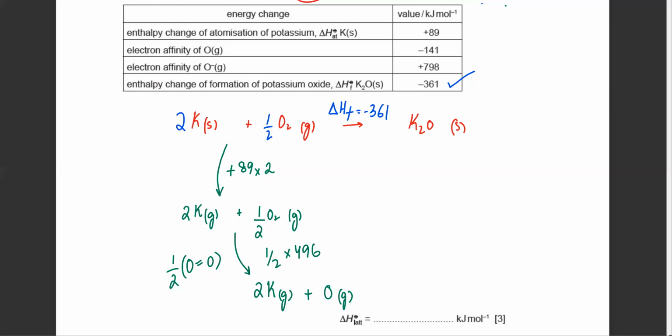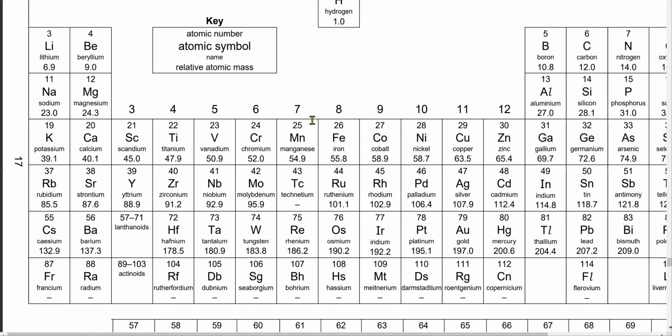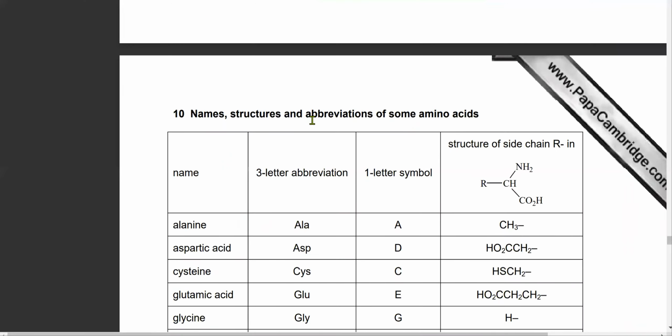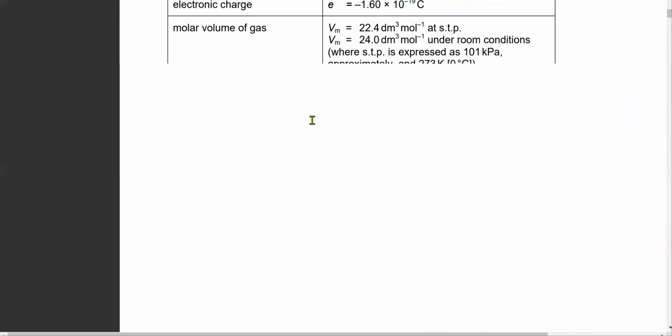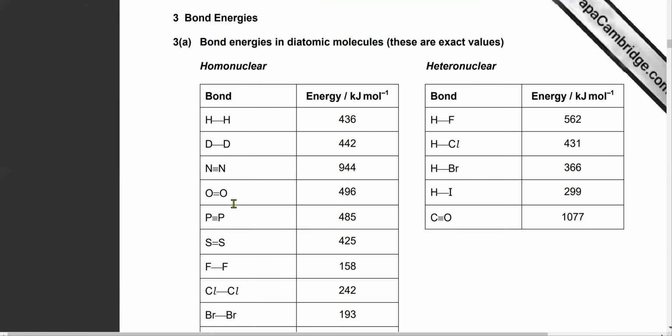There's a data booklet open somewhere, just a second. So breaking the oxygen double bond is 496, but that gives you 2 oxygen atoms. We just need 1 oxygen atom, so that's half of that. So half a mole is broken so that you get 1 mole of oxygen atoms.